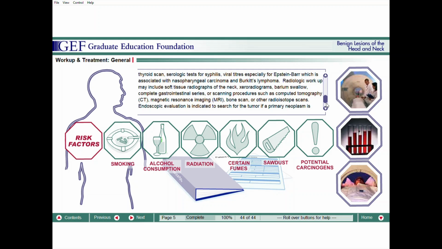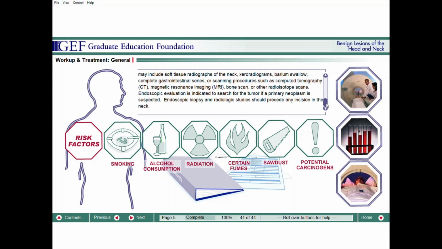Radiologic workup may include soft tissue radiographs of the neck, xeroradiograms, barium swallow, complete gastrointestinal series, or scanning procedures such as computed tomography, CT, magnetic resonance imaging, MRI, bone scan, or other radioisotope scans.